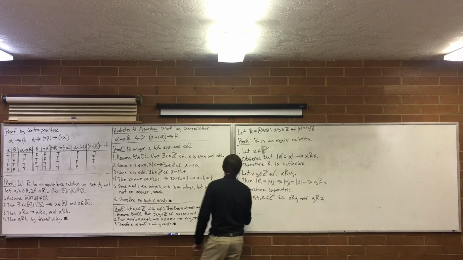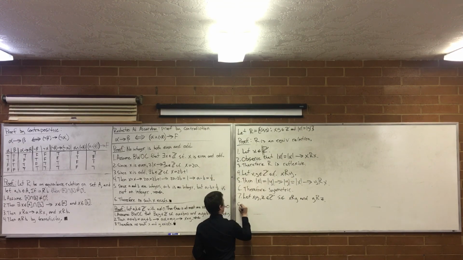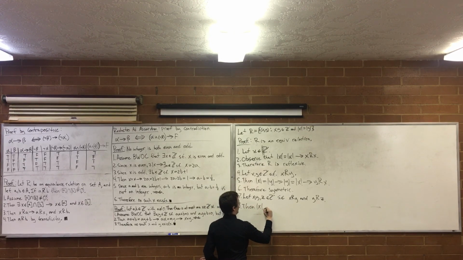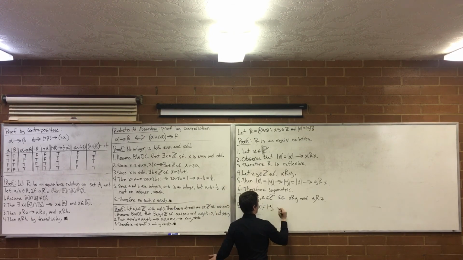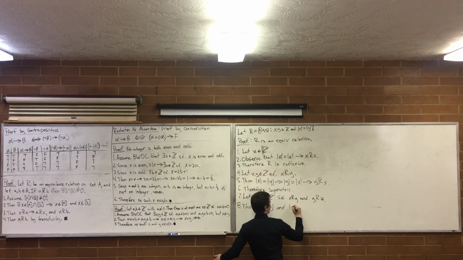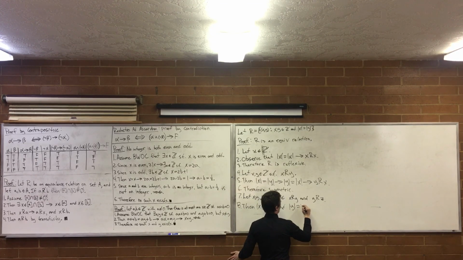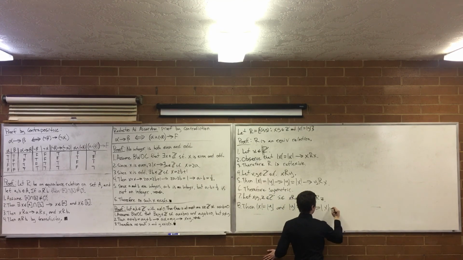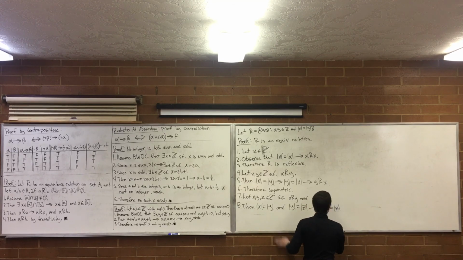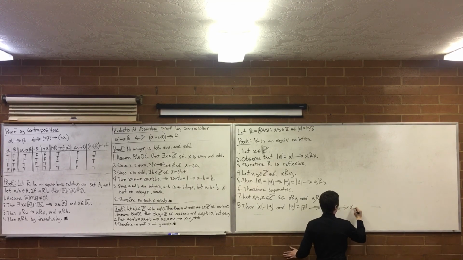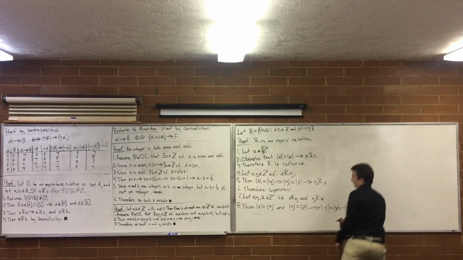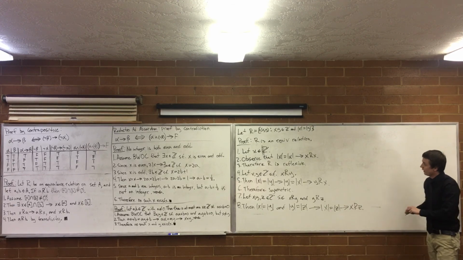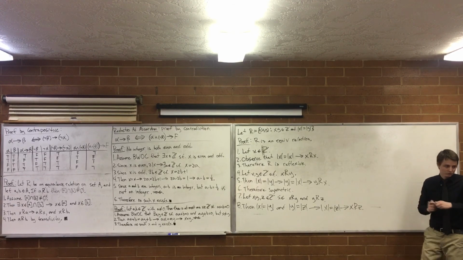What does it mean for x to be related to y? X has the same absolute value as y. Right, then the absolute value of x equals the absolute value of y, and the absolute value of y equals the absolute value of z, which gives us that the absolute value of x equals the absolute value of z, when you substitute in, which gives us that x is related to z. Therefore, it's transitive, therefore it's an equivalence relation.